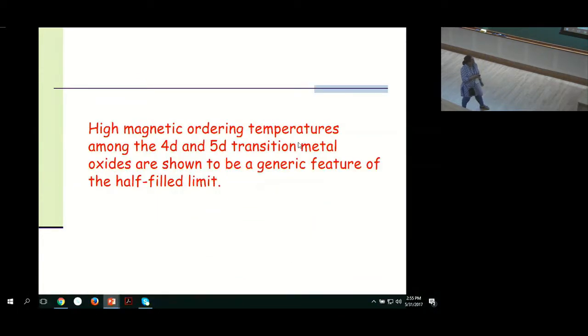Well, so far so good. What we've seen is that we can understand the route to high magnetic ordering temperatures among these 4D and 5D oxides, and it's found to be a generic feature of the half filling limit.